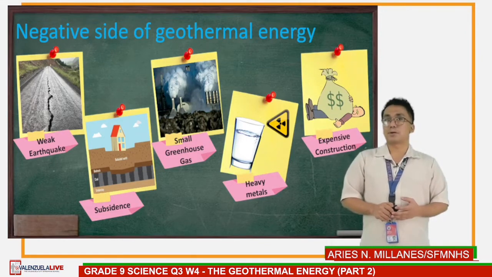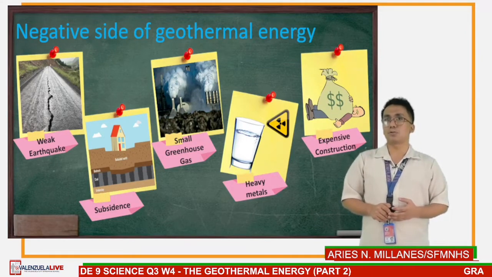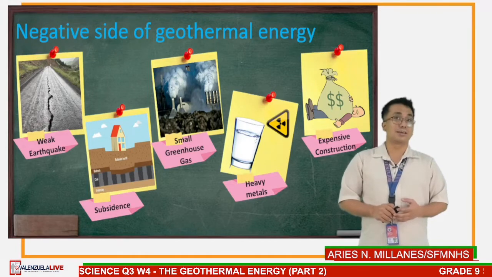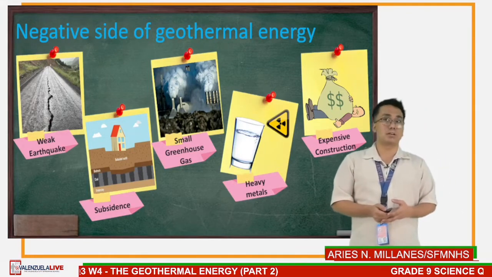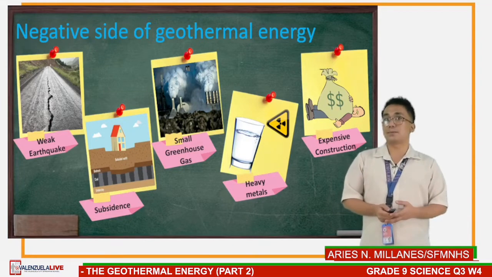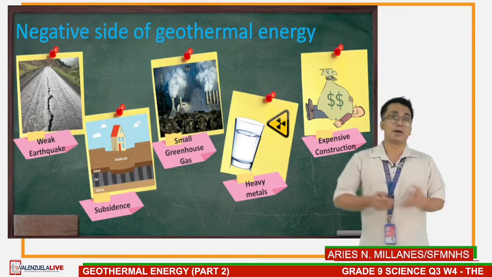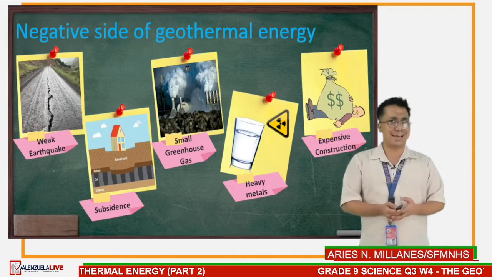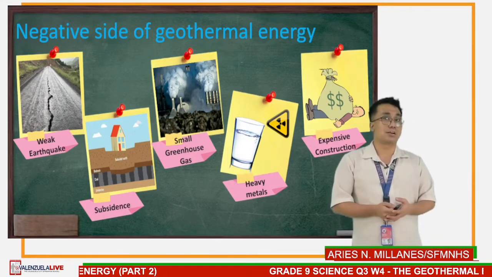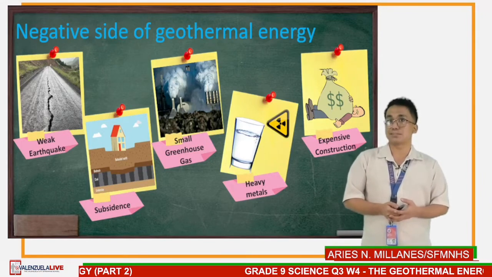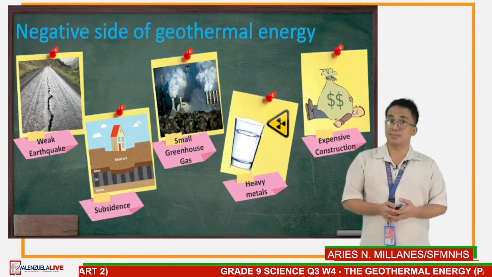Although the process requires almost no fuels to run, the initial cost of installing geothermal technology is expensive. Developing countries may not have the sophisticated infrastructure and startup costs to invest in a geothermal power plant.